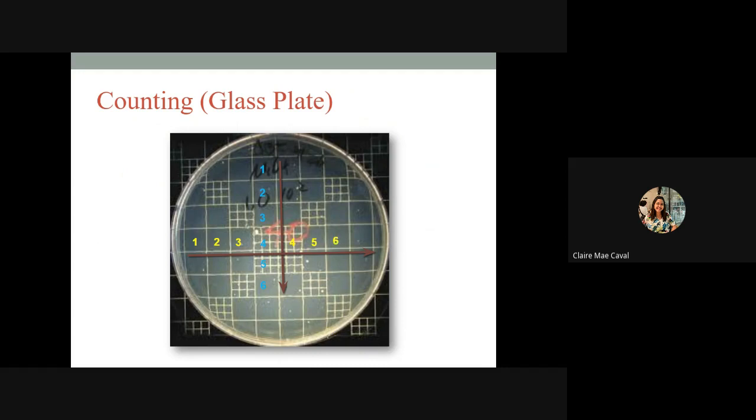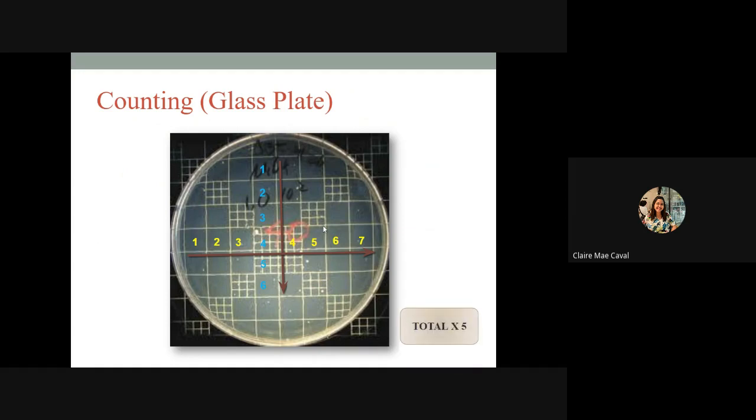Okay? Follow? So 6 consecutive squares vertically and 7 consecutive squares horizontally. Of course, pag dito, yung number 4 is dito na. Do not choose this kasi chosen na siya from your vertical squares.